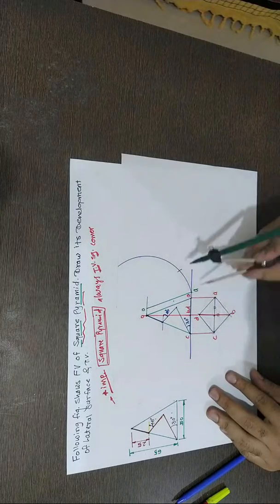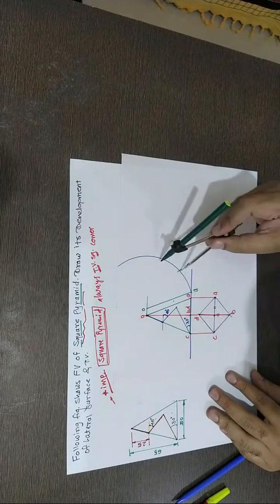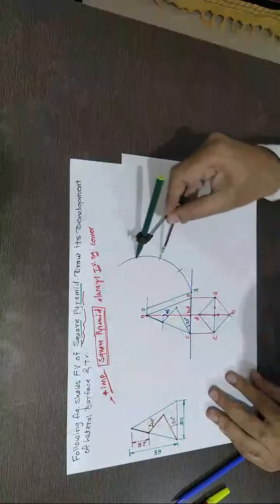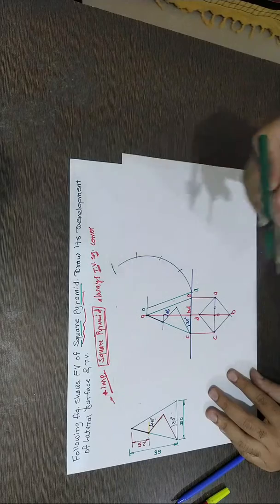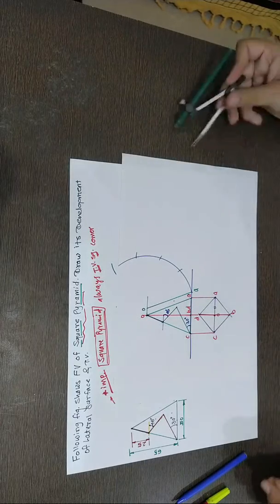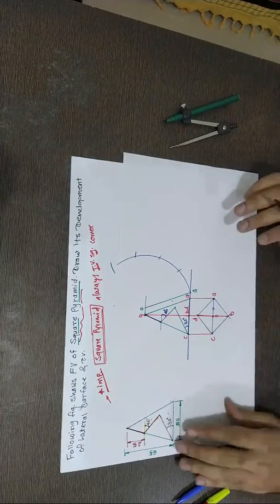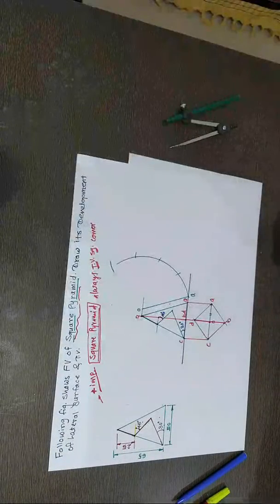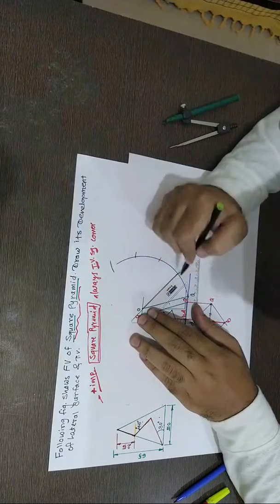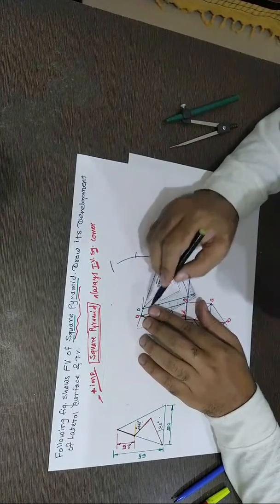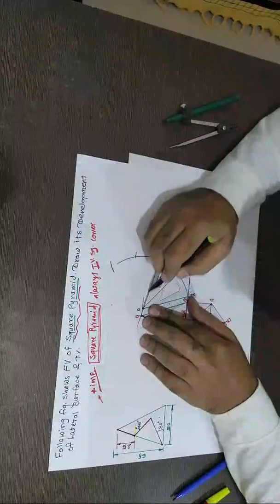All are the same. So 1, 2, 3. So now I need to keep it. Join all those edges for a square pyramid. 1, 2.